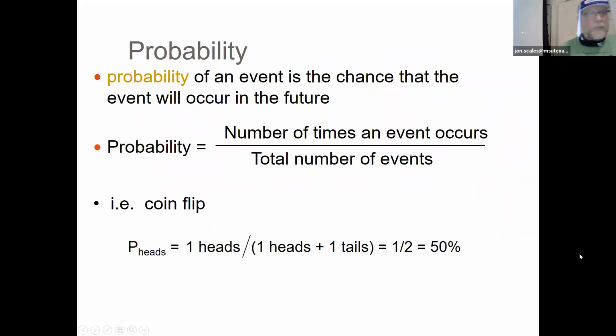So the probability, pretty simply, is the likelihood of an event happening. And you determine it by saying, okay, how many total events were there and how many events happened X or Y, whatever event you're talking about, right? Like flipping a coin. How many times do you get heads out of how many times you flip? Each time you flip, you have only two choices, heads or tails. So to get a head is probability of 1/2. To get a tail is also probability of 1/2.